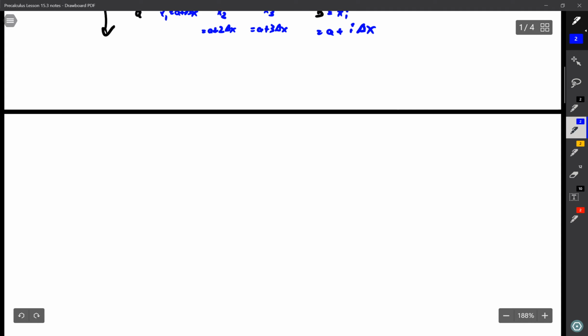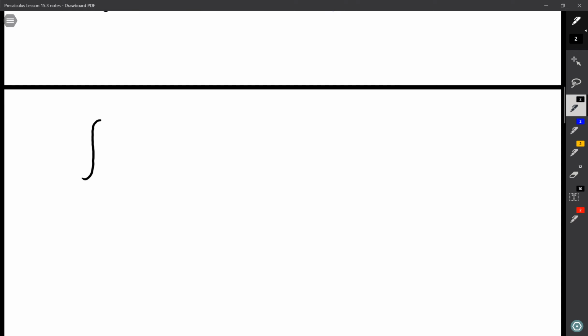So some notation stuff. The symbol looks kind of like that. It's kind of like an S, but not exactly. This is the integral sign. And then we put at the bottom and the top what our starting and ending values are.